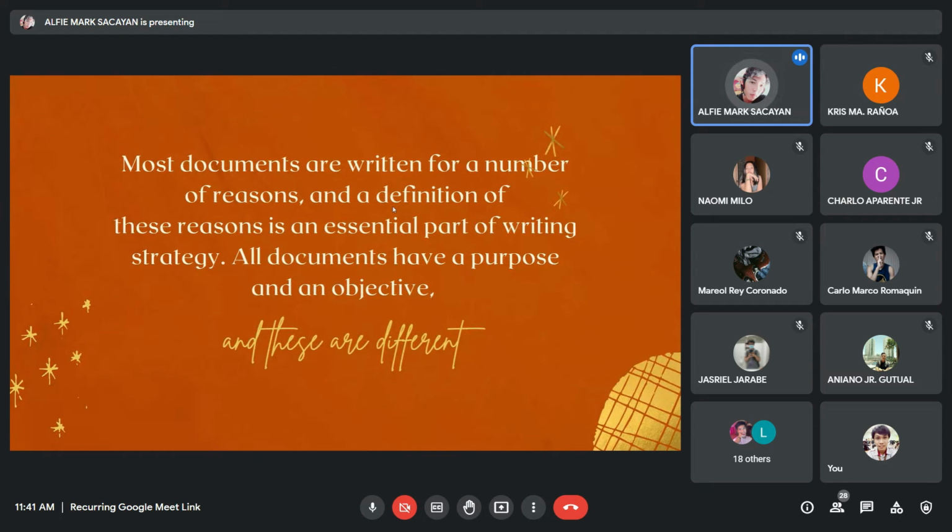Most documents are written for a number of reasons, and a definition of these reasons is an essential part of writing strategy. All documents have a purpose and an objective, and purpose and objective are different from each other.